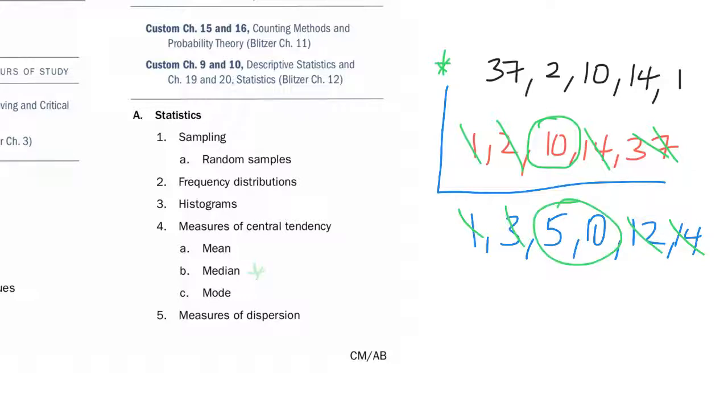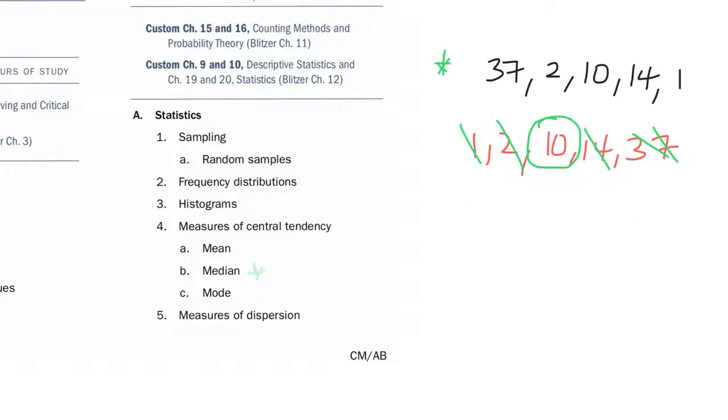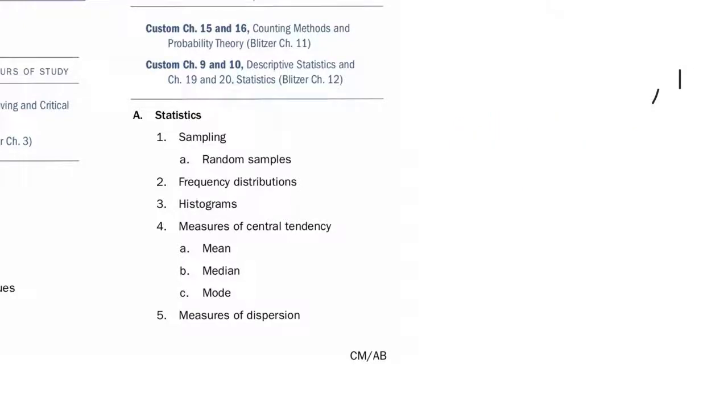Whenever that's the case, you just take the average of the 2 and you will be fine. All right, that's the median. That will give you the median. Once again, be sure to list the numbers in order first before you do any of that. So that is the median. It's really as simple as that. Just be careful with the order of the numbers and all that stuff.